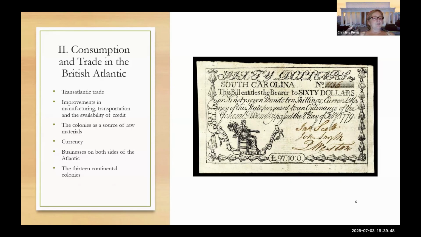Instead of making their own tools, clothes, and utensils, colonists increasingly purchased luxury items made by specialized artisans and manufacturers. So all of a sudden, they're going to be able to replicate styles that are very common in England. They're going to be able to replicate styles of dress. They're going to be able to replicate styles of living. Their homes are going to take on very much a look like a British home in London.